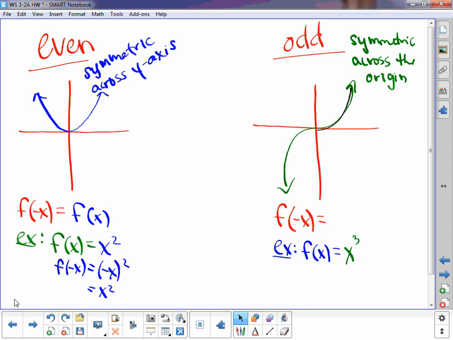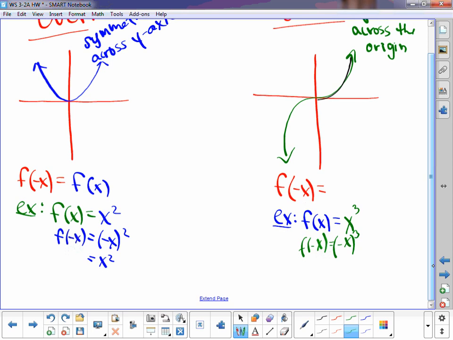So symmetric across the origin. Now what this looks like algebraically is if I were to take negative x and put it in, quantity cubed, what does this equal? Good, negative x cubed. So when I put in negative x, I get back the opposite of the function. So odd gives you back the opposite, even gives back the same.